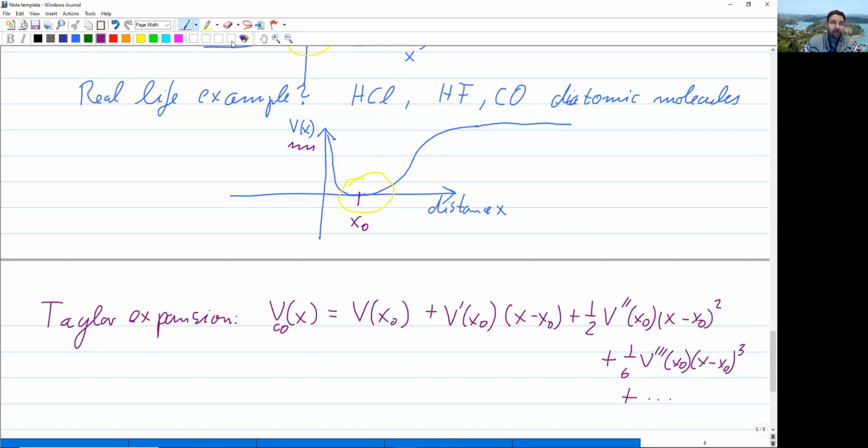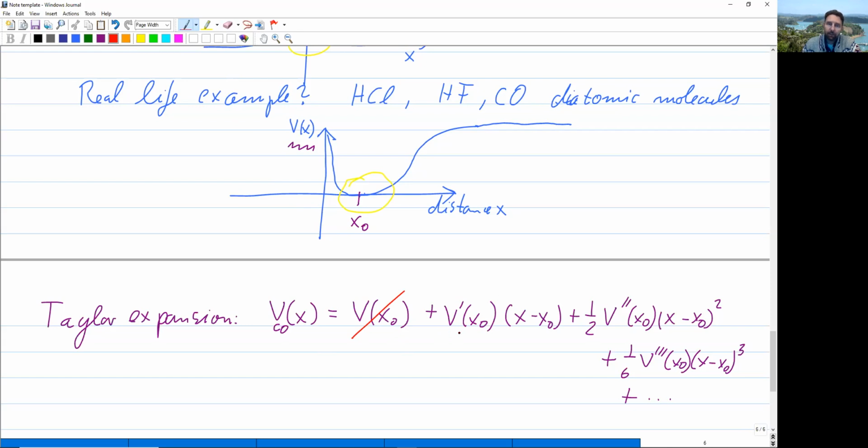Now, let's look at how big these things are and how important they are. First of all, this term we can forget about. It's just a constant energy. We know already from classical mechanics that constant energies don't matter, because if you differentiate them to get the force, you get 0. So it's not going to contribute.